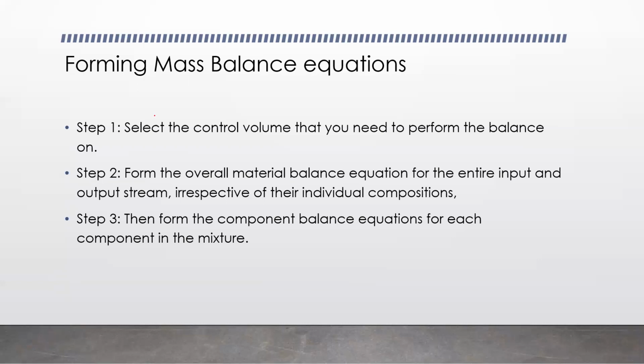So if this is your unit, this is your input, and it's going out, let's say output 1 and output 2, no matter how much of a component is present in the input and output streams, you make the overall equation, that is, input is equal to output. This is the first overall balance equation you make, and the second equation is based on component balance.